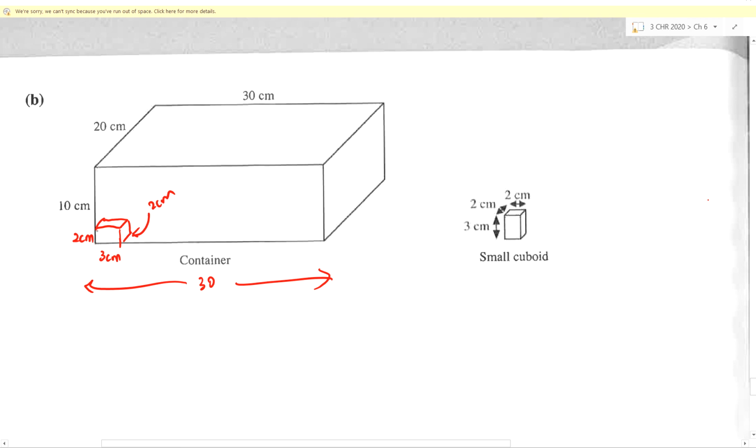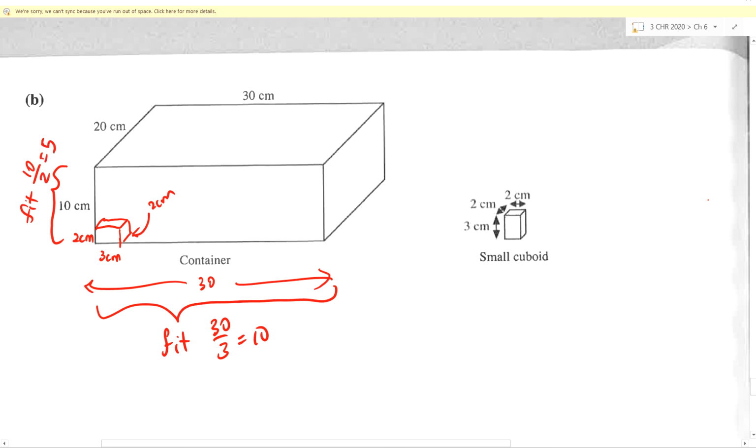The height, if this is 2 cm, how many can I fit over here? 5. I can fit 5 because 10 divided by 2 is 5. Okay, I can fit 5. Now over here, how many can I fit? Yeah, 30 over 3 equals to 10. Okay, this 5 came about because of 10 over 2 equals to 5.